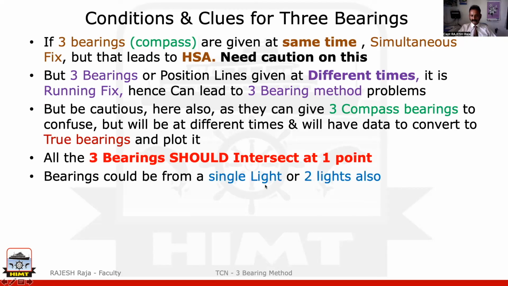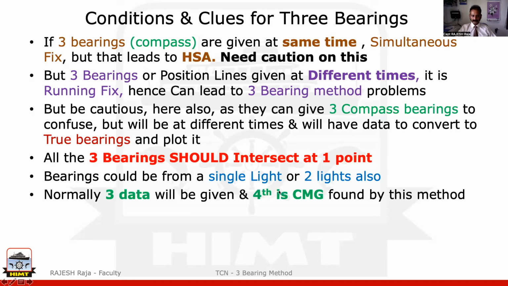These bearings could be from a single lighthouse or 2 lighthouses also, but I have taken only one case, which is a single lighthouse. If 3 data are given, the 4th one is a CMG, which is found by this method. Obviously, if current is given, it will be given also. Current can be given as only set or only rate, or both of them can be given also.